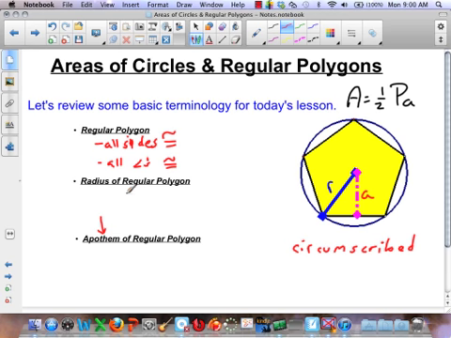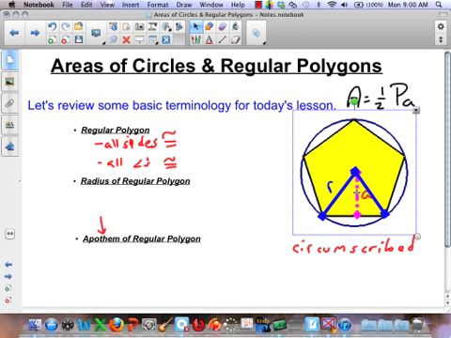Now, another thing that's worth mentioning, suppose I drew another radius. How does this radius compare to that radius? The same. They're the same. So when I draw my two radii, what type of triangle does that create? Isosceles.